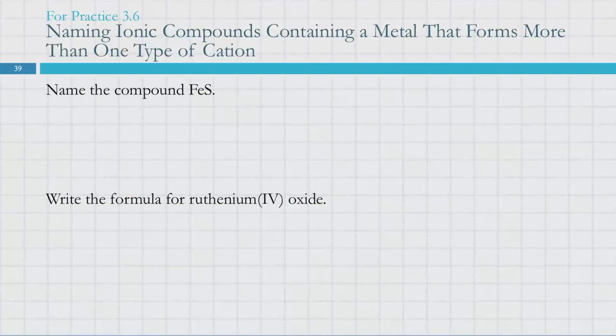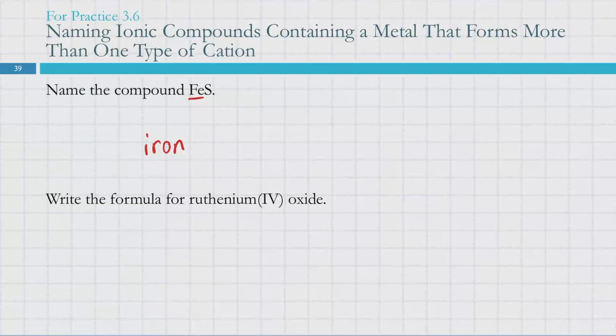Some more. I'll give you some time to work on these, work with people in your group or around you if you'd like to. We've got some compounds. We've got the formula for one, we've got the name for the other, and we want to get to the other thing. So starting with FeS, Fe is our symbol for iron.